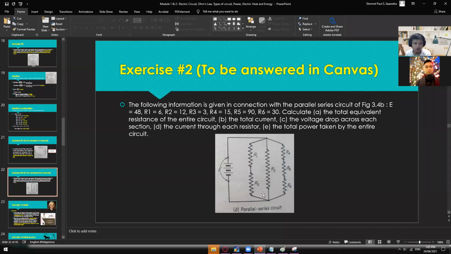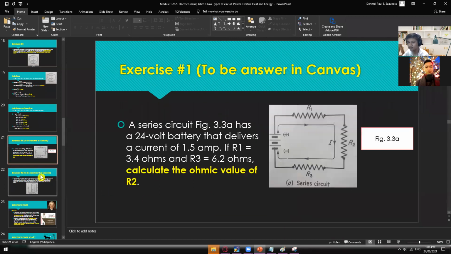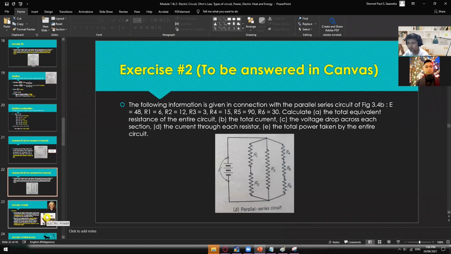There's only one who was able to follow. So there's three out of 13. I hope the others are listening, so that just in case you have a question, you can ask it now. Anyway, that's it for exercise number 1 and 2. There's more later on.